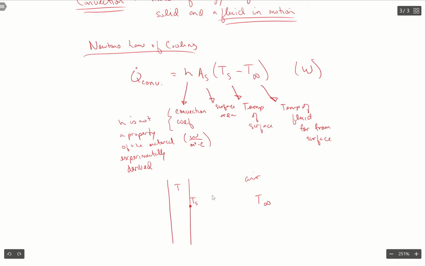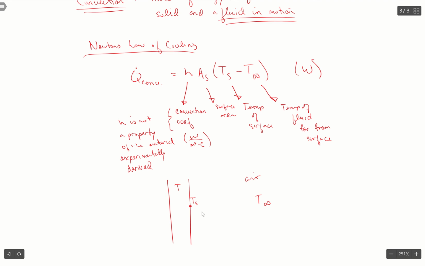And so here's an example of what we're looking at with convection. So again, I have a wall. Let's say I cut the wall in half, and let's say the Ts is the temperature of the surface of that wall, and T infinity is the temperature of the air sufficiently far enough away from the surface of the wall such that the temperature of the air is not affected by the temperature of the surface.